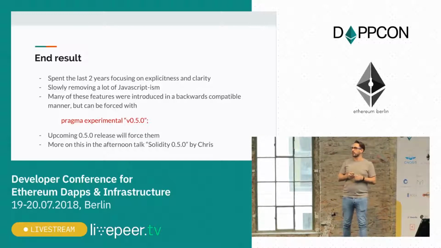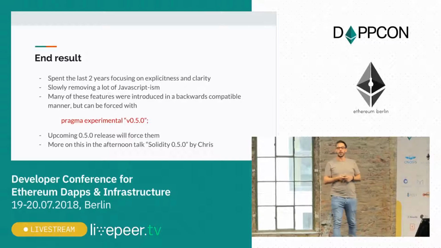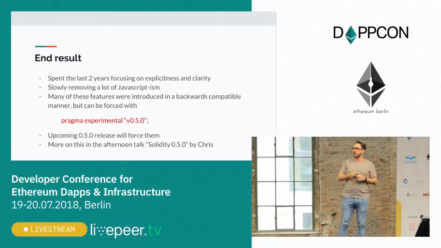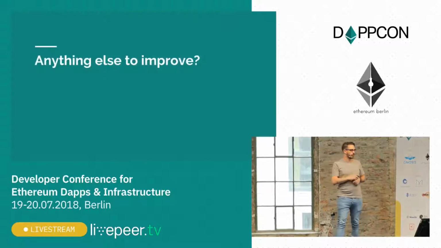Because if you make your code work and compile with that pragma, then you're going to be set for the next major release, which is the 0.5.0 release, which is going to be a breaking one. You won't be able to do all this mess anymore. You have to write proper code. There will be a much longer explanation in the afternoon by Chris about all the features, step by step, that have been changing for 0.5.0.